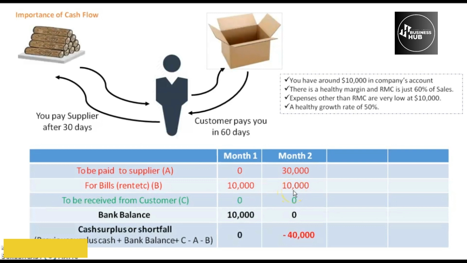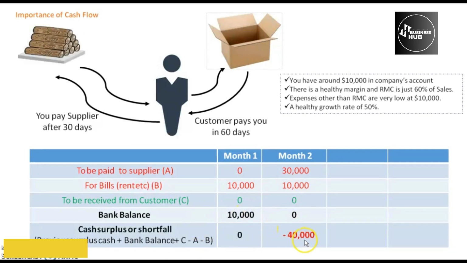The rent, a standard $10,000, still remains. Are you going to receive anything from the customer yet? No, nothing yet. The money for the $50,000 sales that you have already made will be received at the end of 2 months, and 2 months have not yet been completed.